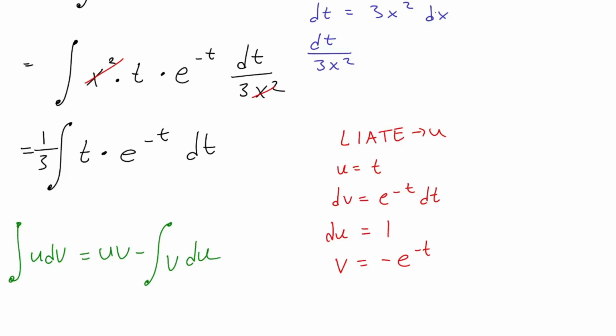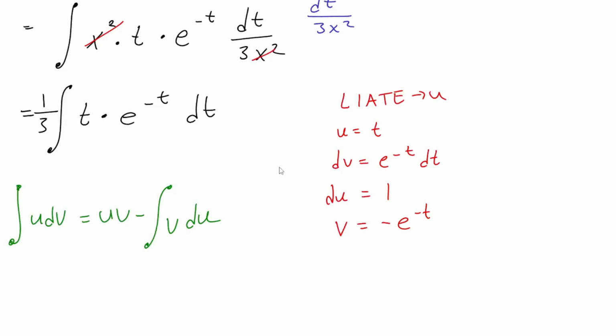Our dv is going to be equal to e to the negative t dt, correct? Don't forget that. You have to include everything else that is not in our u, all right? And then our du is just going to be the derivative of u, and v is going to be the integral of dv. So basically we figured out everything that's necessary for integration by parts.